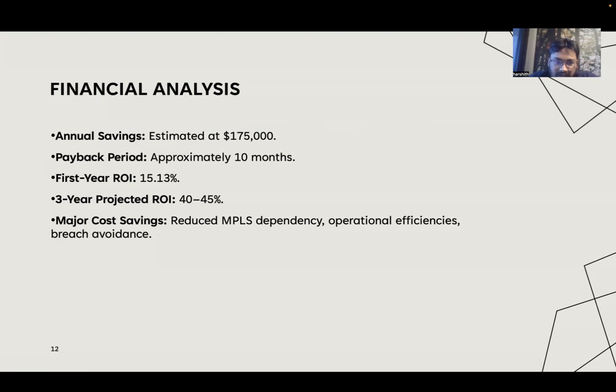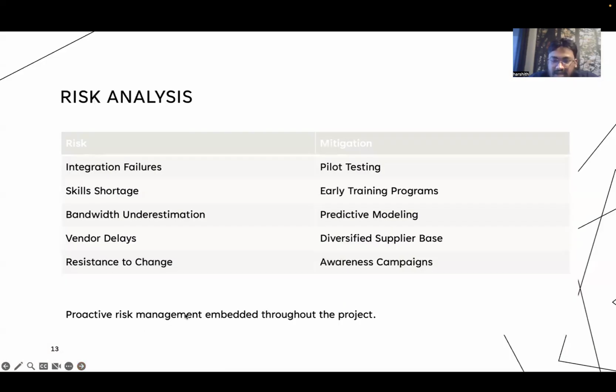The first-year ROI comes to 15.13%, and this is projected to grow to 40 to 45% over 3 years. This shows that the upgrade is not just strategically important but also financially sound. And coming to the next slides, it will be explained by our teammate Akshay.